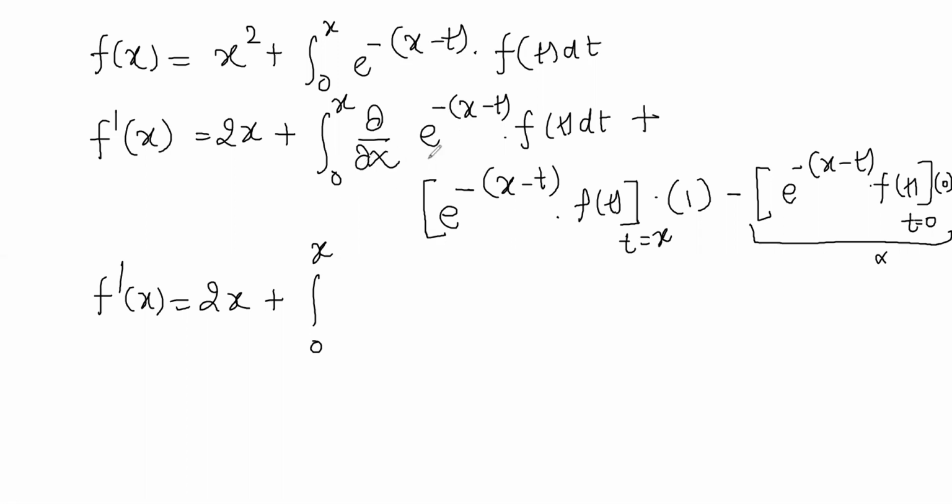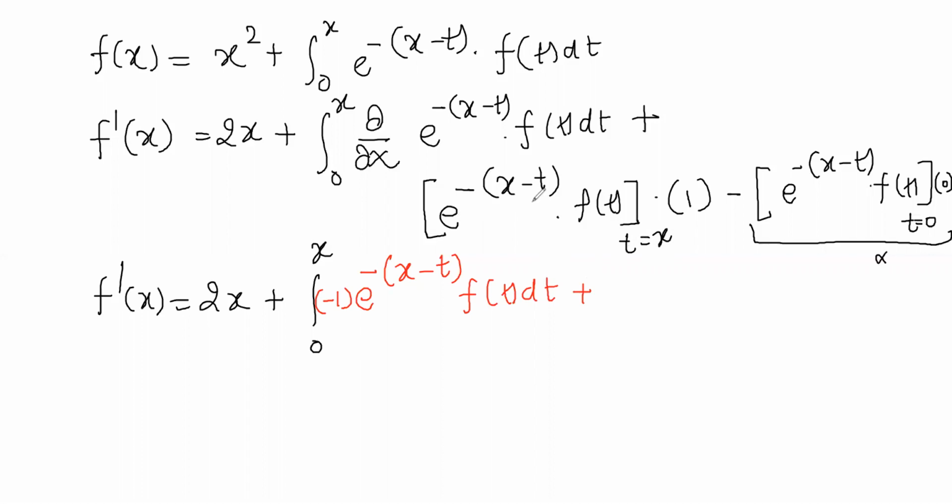Now let's solve this. If I differentiate, the derivative of e power minus x will be e power minus of x minus t, and then f of t dt, and this coefficient of minus will come out, and I'm done with this. Now let's go for this quantity.